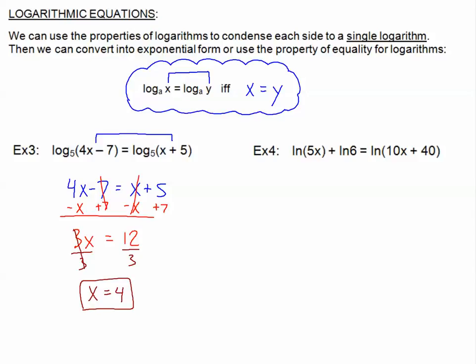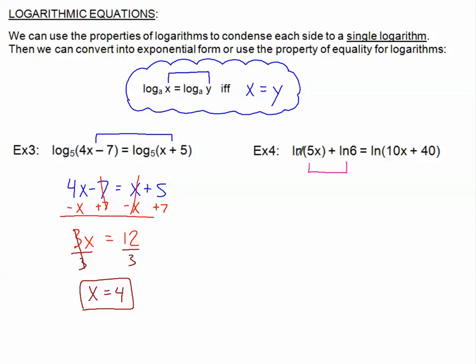Now we can only use this property if we have a single log equal to another single log. If we don't have that, like we have in example 4, we have 2 logarithms on one side and 1 on the other. We cannot use our property of equality until we have a single logarithm equal to a single logarithm. So we need to condense these 2 logarithms together.